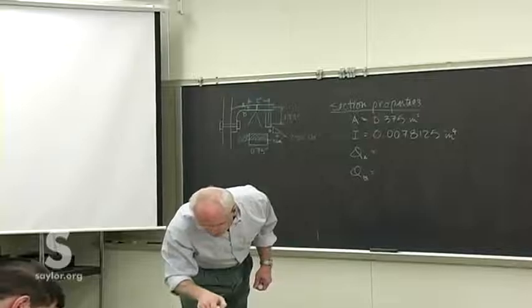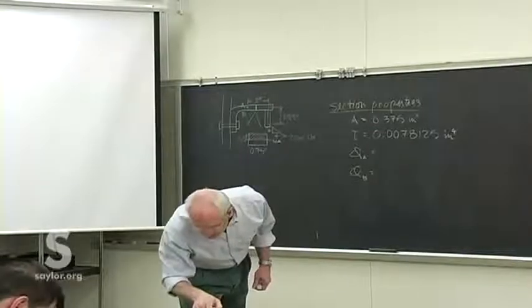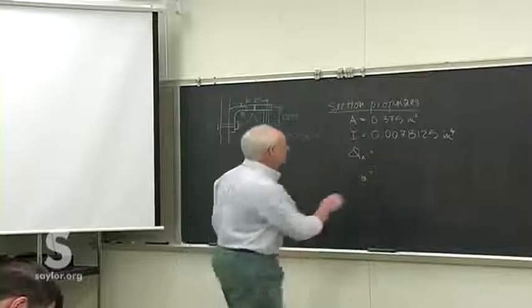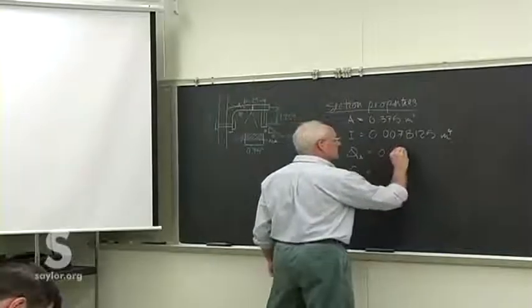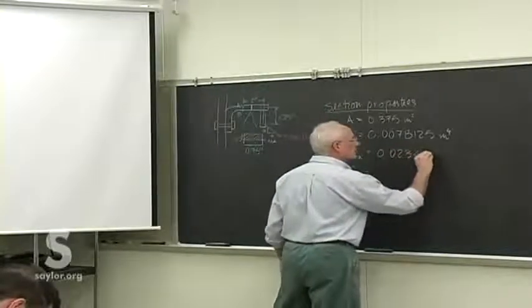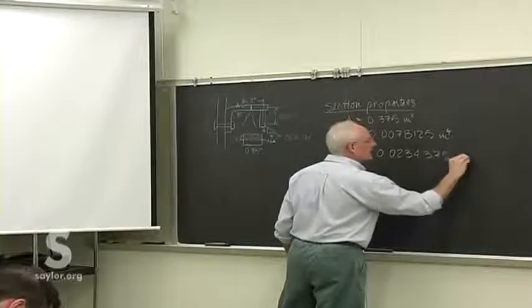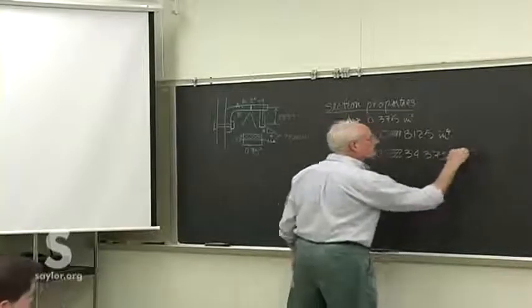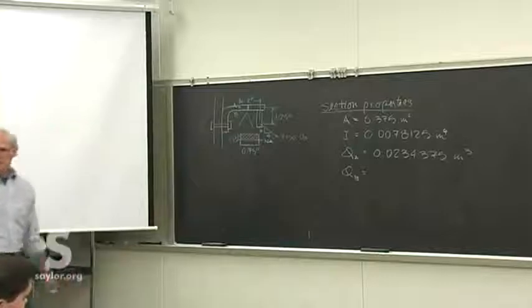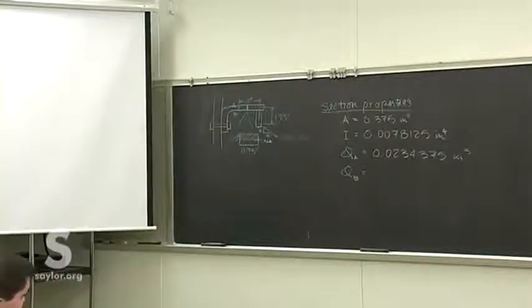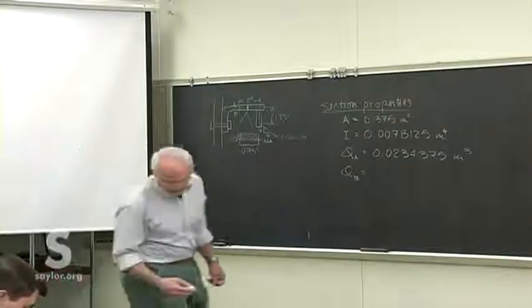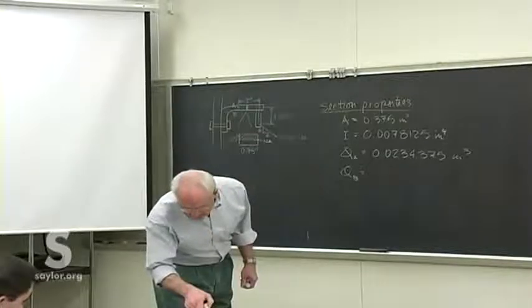Remember, it's just y bar A, which is 0.234375. We'll carry a lot of significant figures through till the end, just because some of these numbers are very, very small, but you need some of the detail until the end.